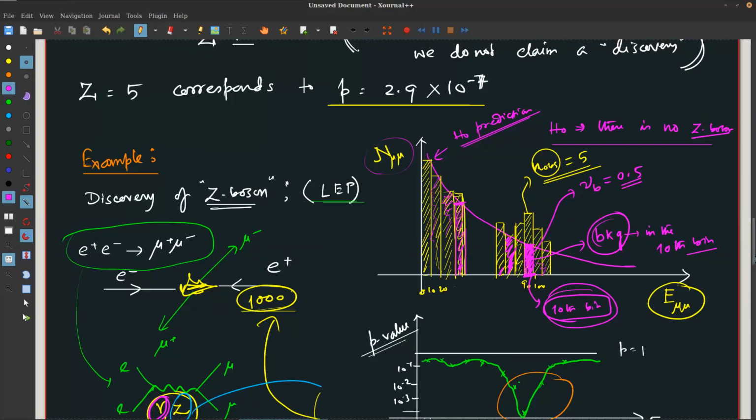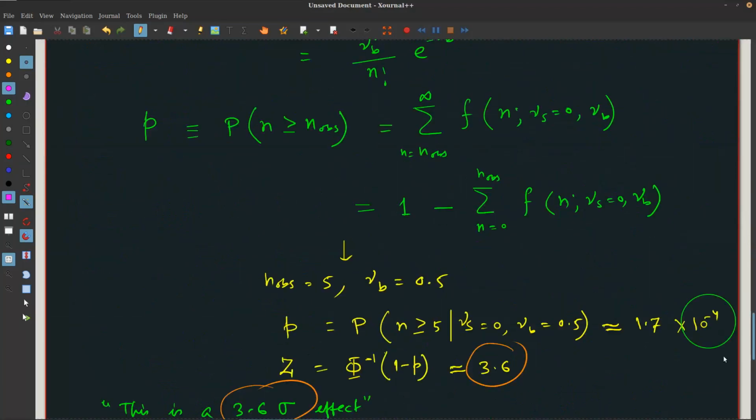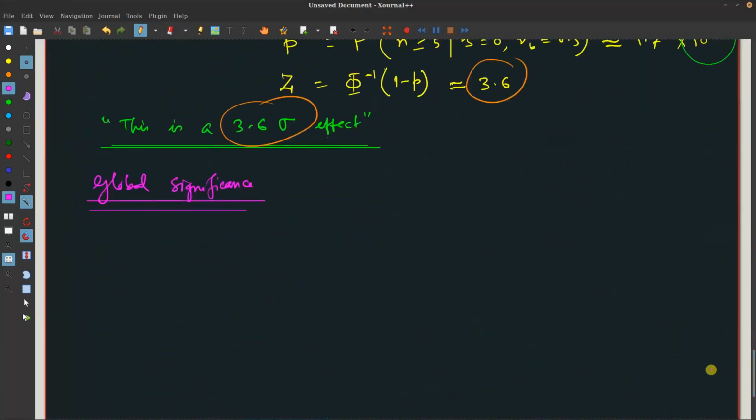So the way to do that is to do something called a Pearson chi-square test. Basically, what you do is that you construct a chi-square function. If you have capital N number of bins, with i equals 1 to N, so this N is the number of bins, in a very general sense, that means the number of data samples.